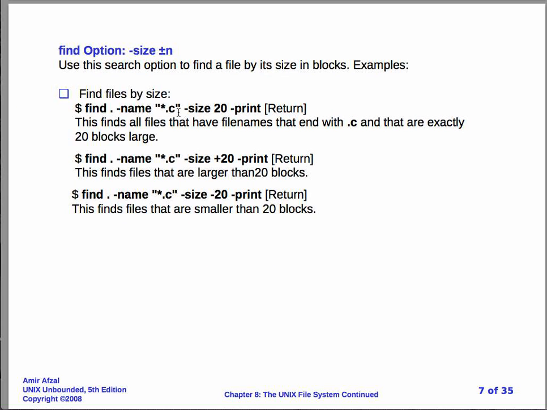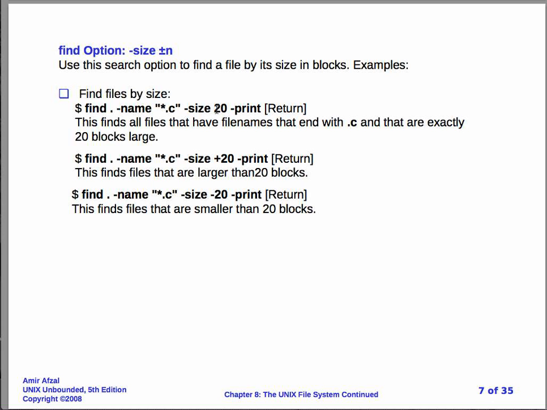You can search by a certain size. The thing to keep in mind is that the size refers to blocks. So if you say -size 20, that means you're looking for all C program files, or files with a .c at the end, that are exactly 20 blocks large.